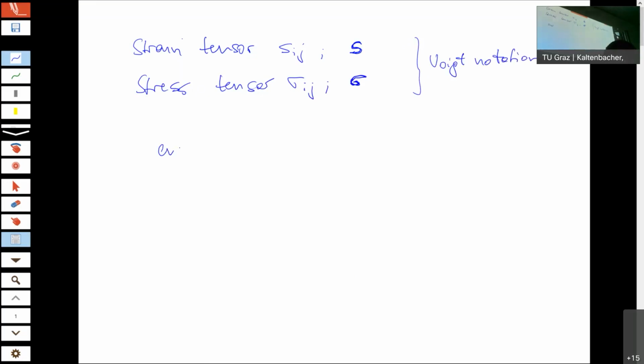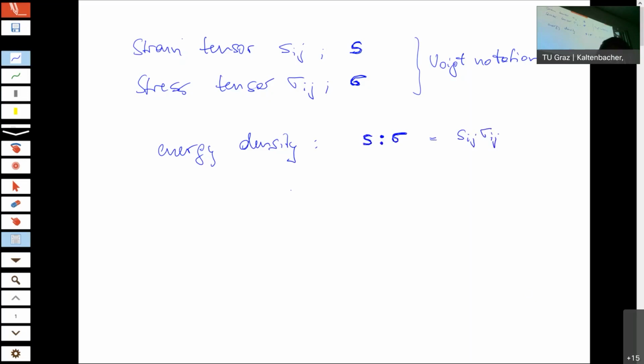And the energy density is, as we have seen now, this S, and the contraction you write as a double point. And that you can also write as S_ij sigma_ij.